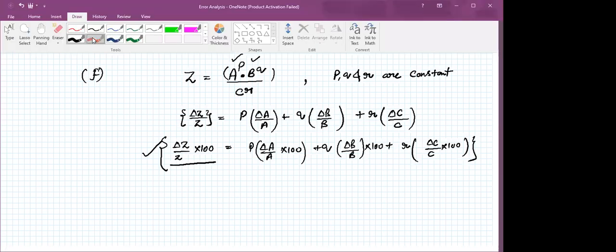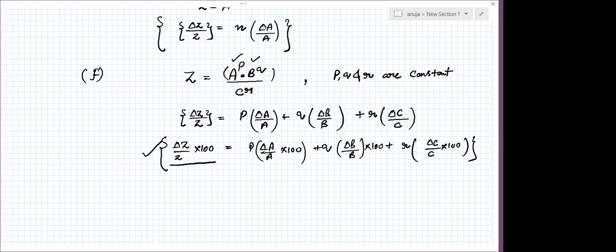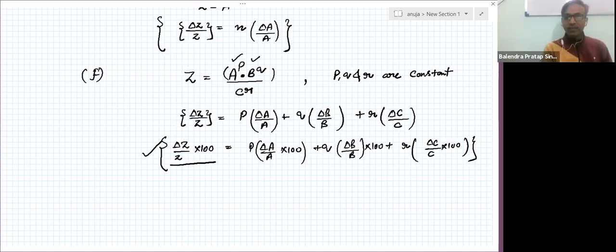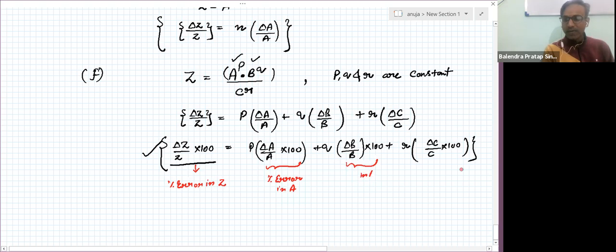If you multiply by 100 in all the terms, you will get the percentage error in Z, and this is the percentage error in A, the error in capital A, and this is the percentage error in B, and this is the percentage error in C. Okay, is it clear?